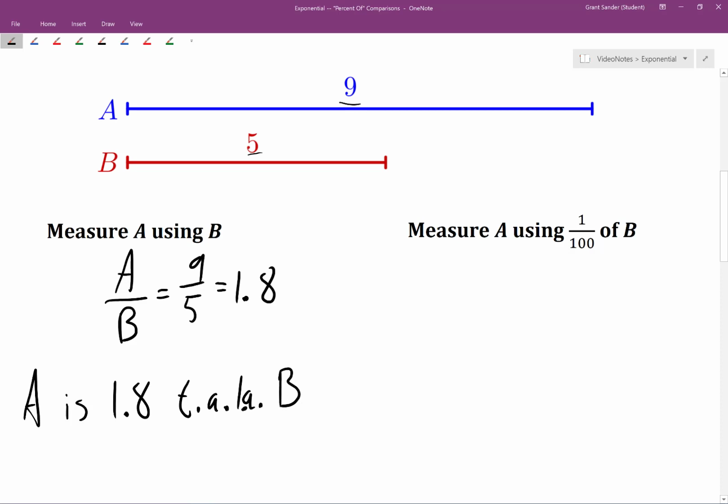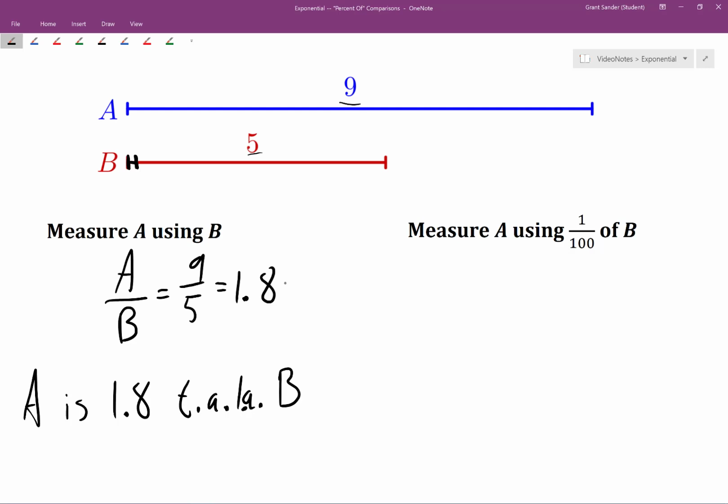Now let's measure A using 1/100th of B. So 1/100th of B is a little portion of B, just 1/100th of that entire segment. I'll represent that there, although that's probably not proportionally correct. If we measure A using B, we get a measurement of 1.8. If we measure A using something that's 1/100th times as large, the measurement itself should be 100 times as large.